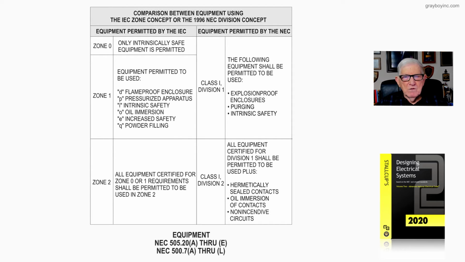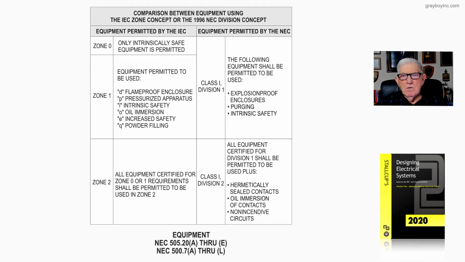Now getting into the Zone 2 that we're looking at here, notice all equipment certified for Zone 0 or 1 requirement should be permitted to be used in a Class 1 Division 2 or Zone 2 area.